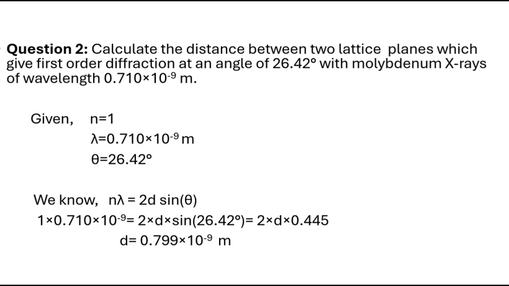We have to find the value of d. Hence, rearranging and substituting the values of n, lambda and theta in the equation, we get the value d as 0.799 into 10 raised to minus 9 meter, or it can be written as 0.799 angstrom.